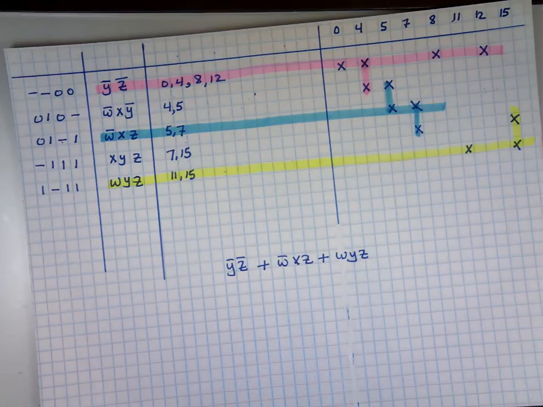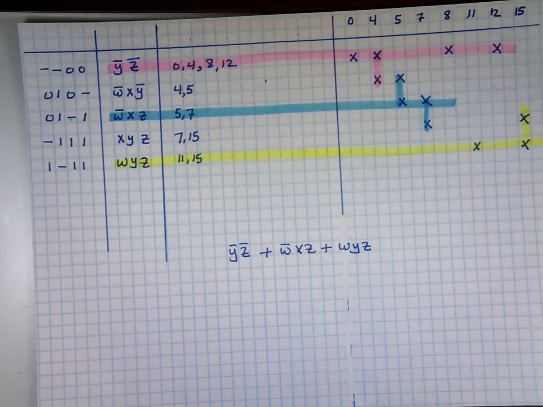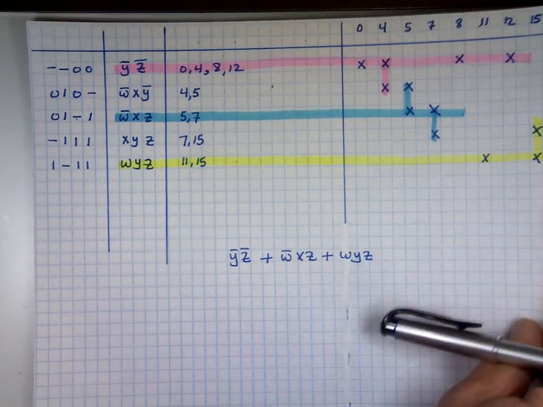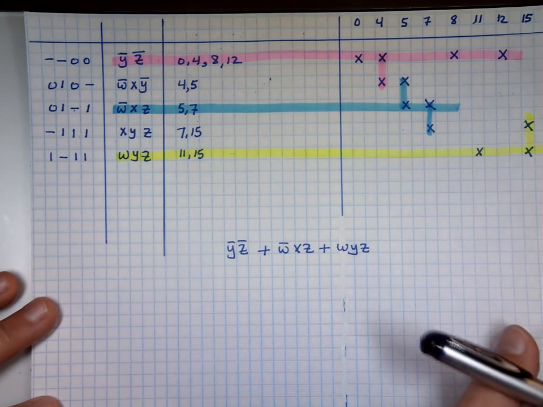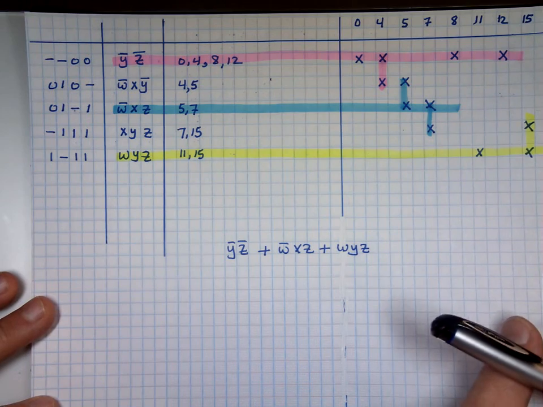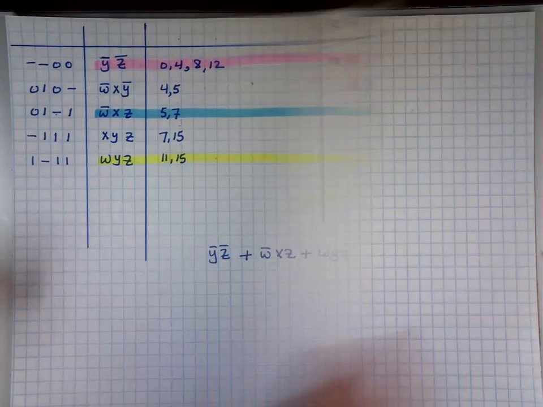Now, if you want to know if this is really true or not, you can do the K-map here. Do the K-map on that and see if the K-map gives you the same answer. Well, let's look at it. So I'll do the K-map.